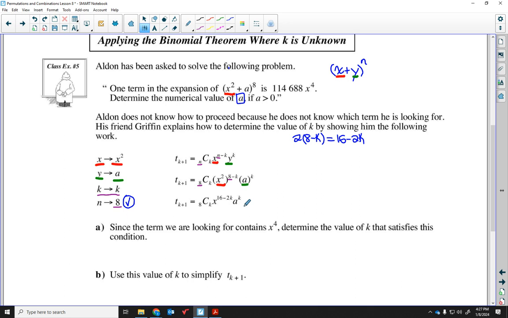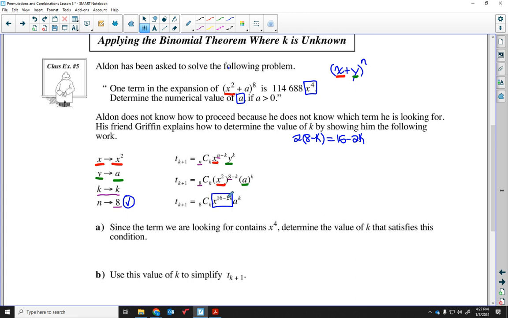Now, again, we don't know exactly what the value of a is, but we have to use a little bit of logical reasoning to actually solve this. If I look at the final term right here, this final term does have x to the power of 4. So in this expression, we'll notice that the x term is x to the power of 16 minus 2k.